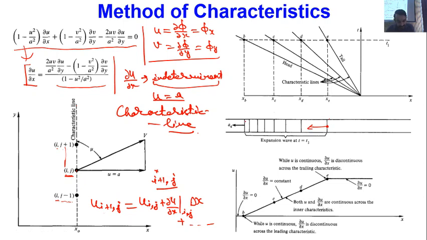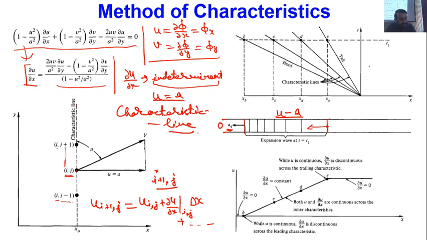This is the leading expansion wave and this is the trailing expansion wave. The leading expansion wave has velocity a4 because in region 4 my local flow velocity was 0, and for all the other expansion waves the velocity will be u minus a, and these are all left running waves.